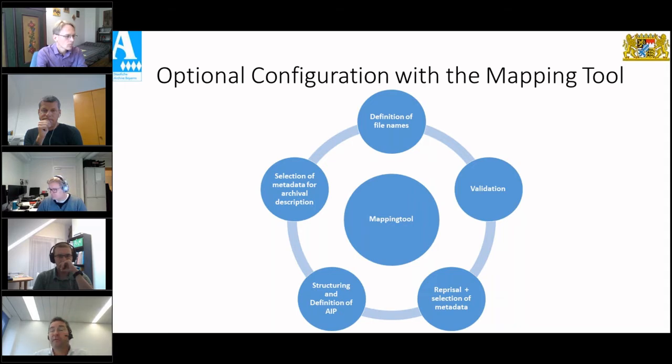Here in the mapping tool, it can be defined how to validate data, how this and other single data are to be designated, whether an appraisal is required, what kind of metadata might be presented in a GUI for appraisal, and how the archival information packages are to be structured.